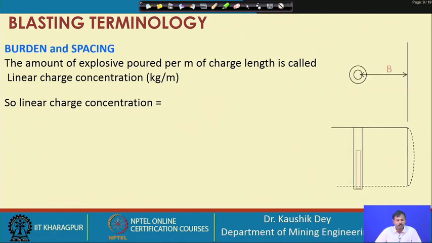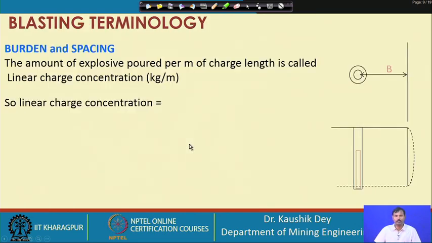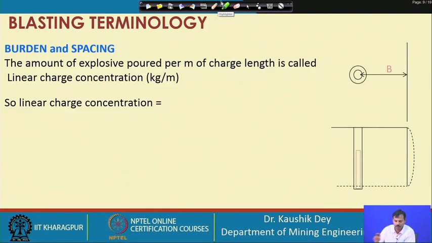So, our next terminology is the burden and spacing. The amount of explosive poured per meter is called linear charge concentration, and the burden is considered, sorry, there is a mistake in the slide. Burden is basically the distance from the hole to its nearest free face.